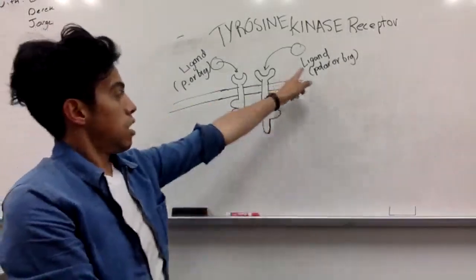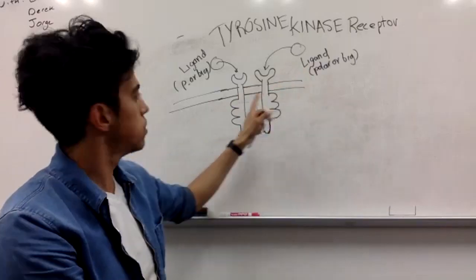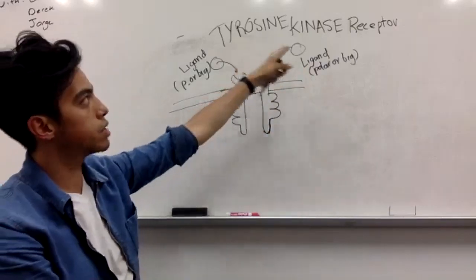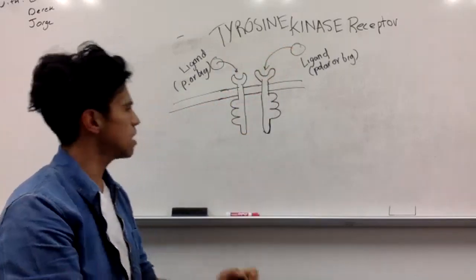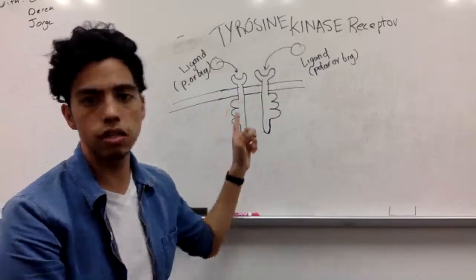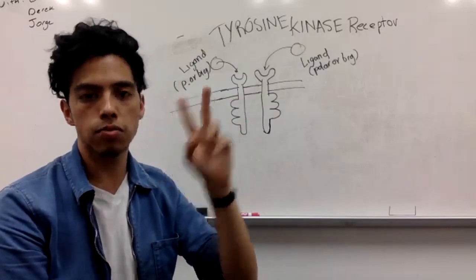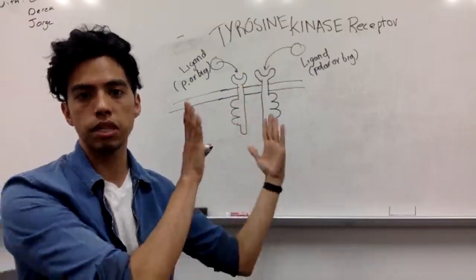So these ligand molecules are going to bind to these protein receptors, right? In this case, they're tyrosine kinase receptors. The way this works is you need two signal molecules to bind, because these need to come together.